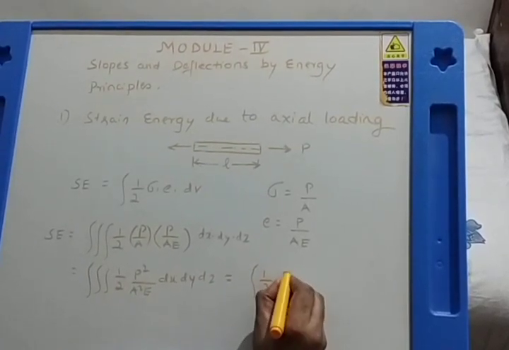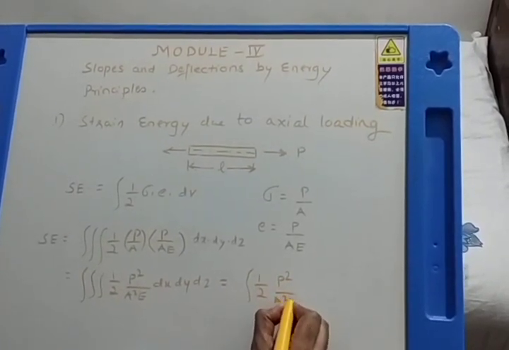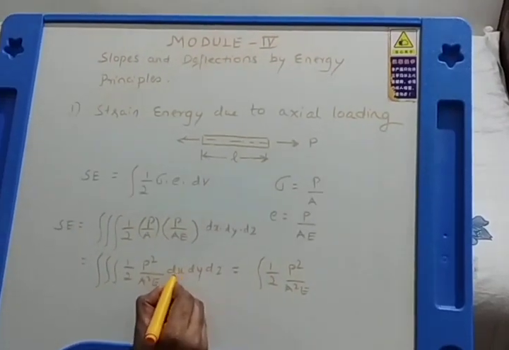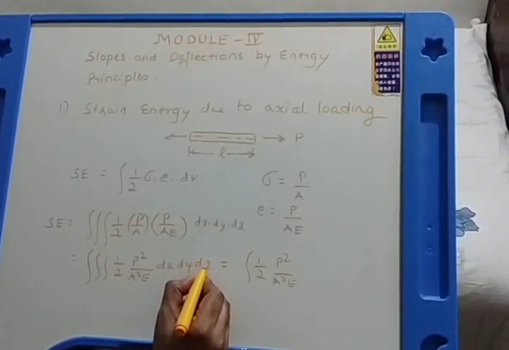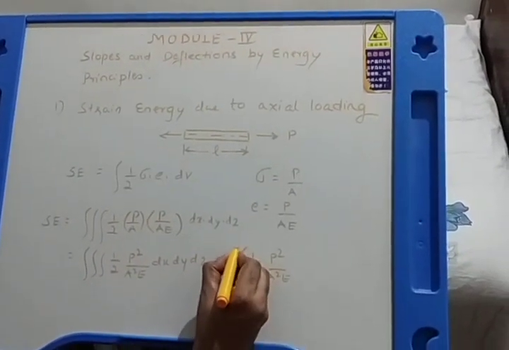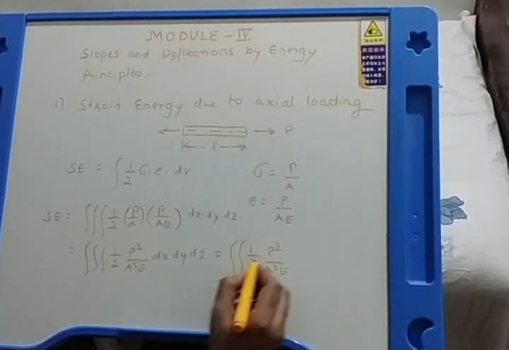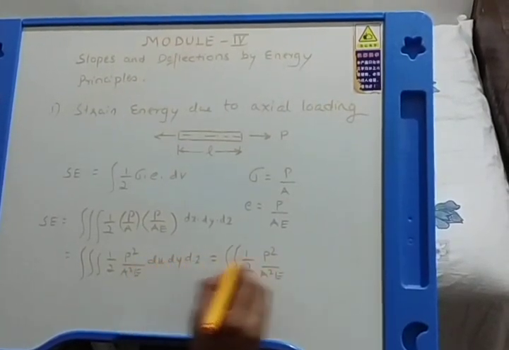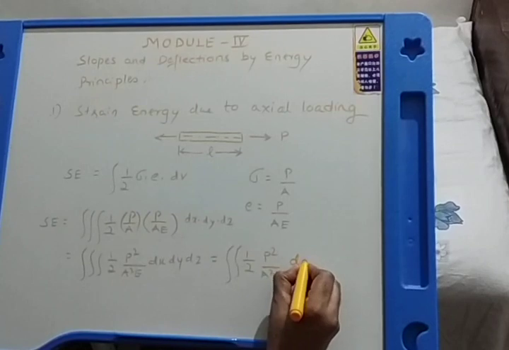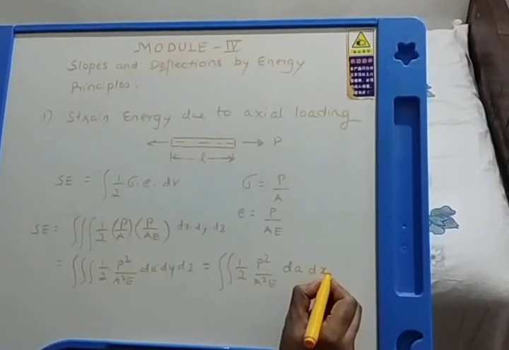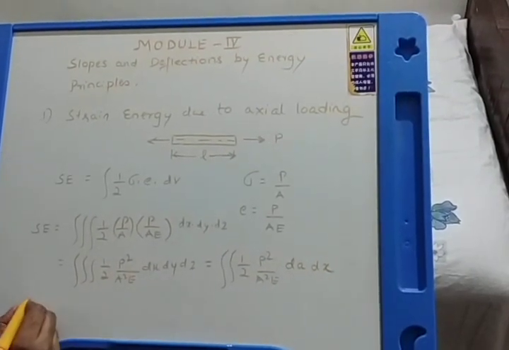Half p square upon a square e, double integration dy dz will be single integration, that means only two integrations will be left out. Dy dz will be dA dx. So this is the expression for strain energy.